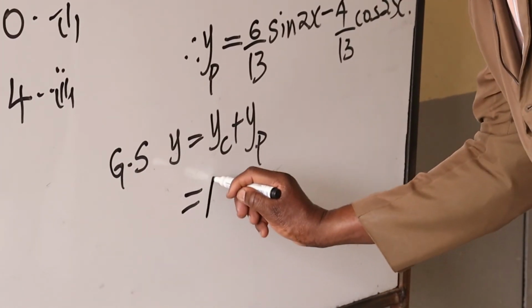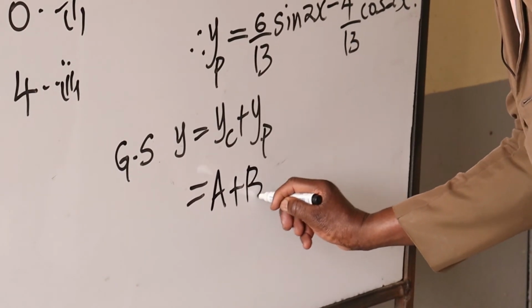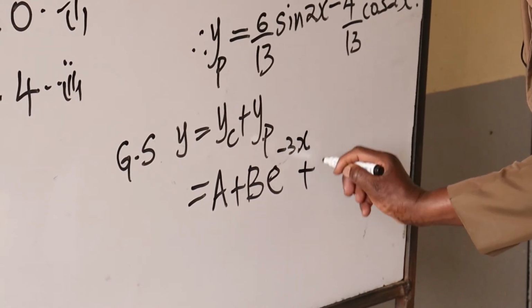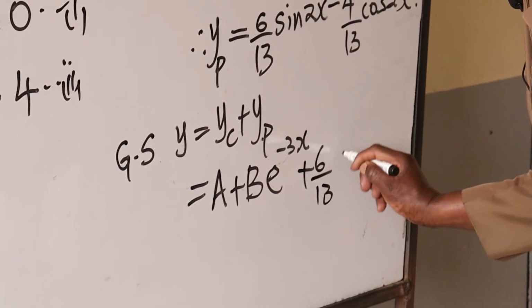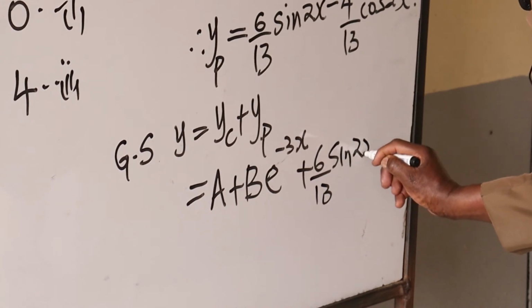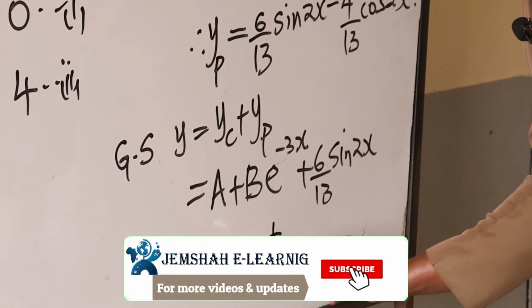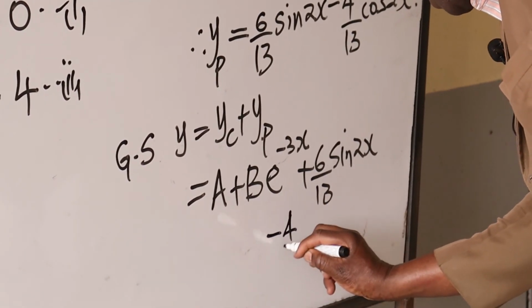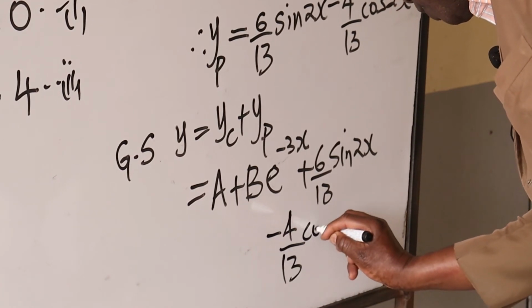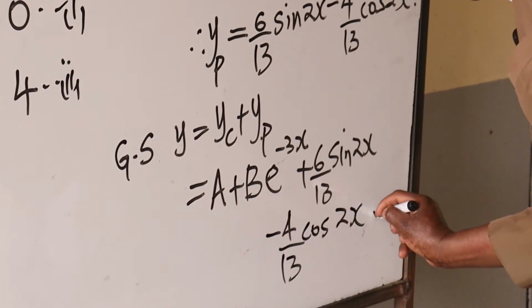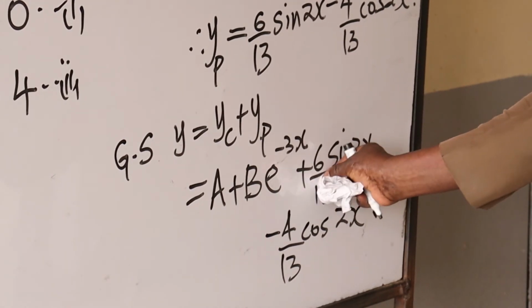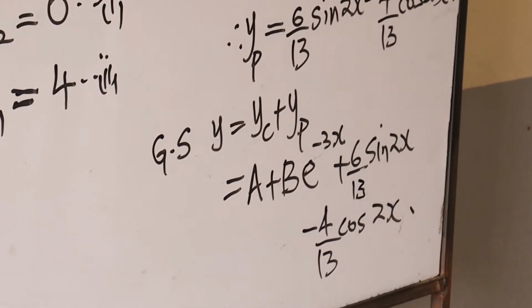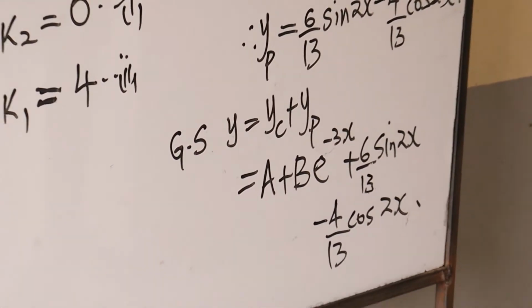We had a plus b e power minus 3x, now plus 6 all over 13 sine 2x, minus 4 all over 13 cos 2x. That is the general solution.